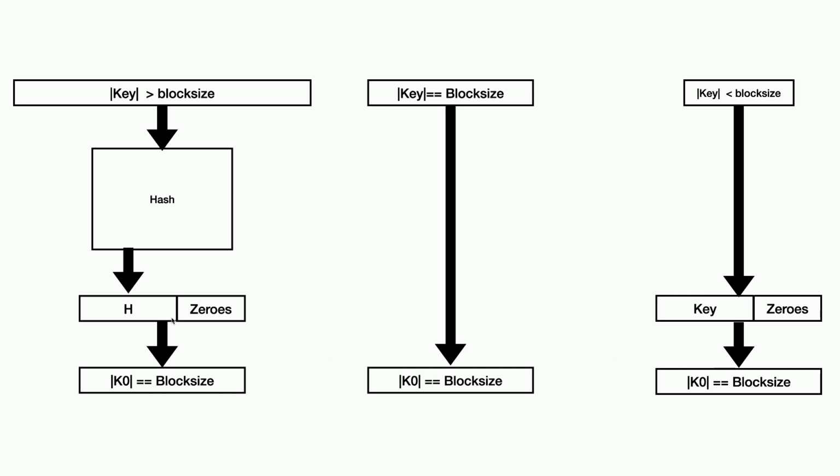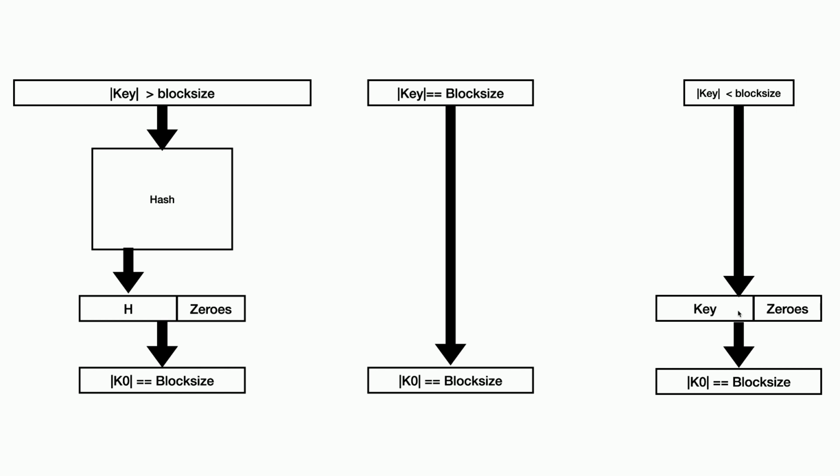So this gives you an interesting insight into having keys that are too small. So let's say here I have my key, and it's all ones, say. And I have 50% of the size of the block size, so half these bits are key and they're ones and the rest are zeros.